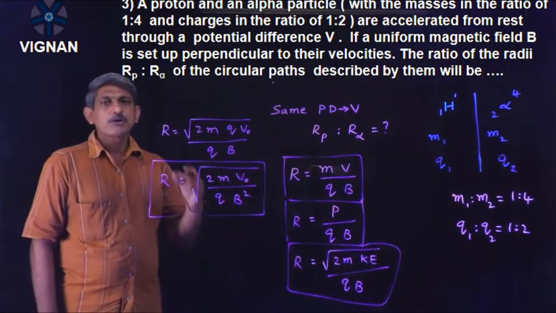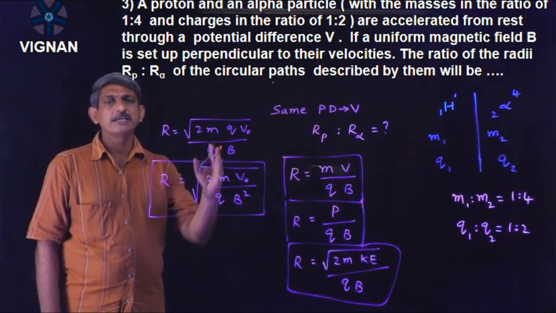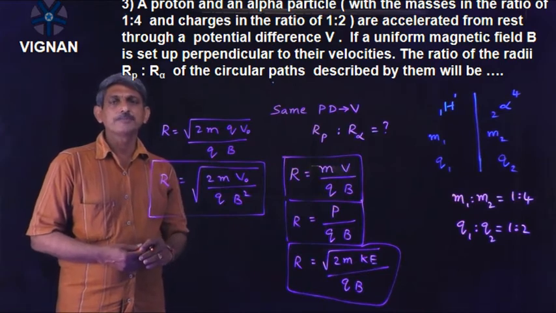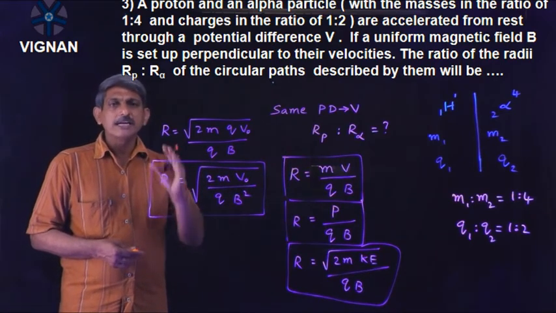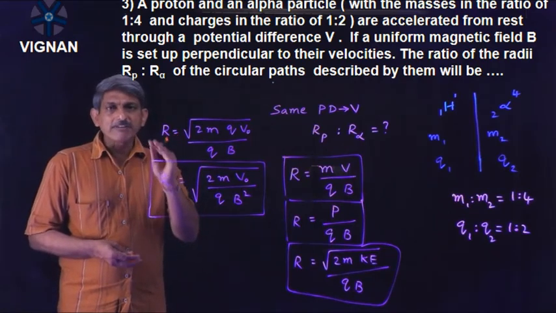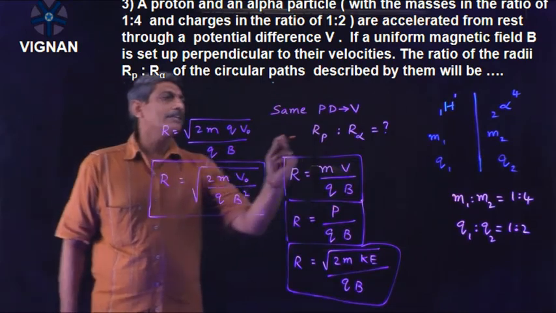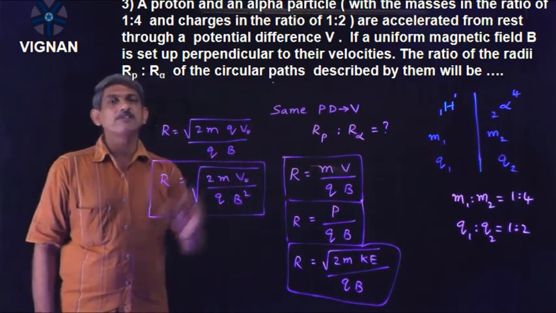Now a question arises: out of these four formulas, which formula should be selected to compare the radii ratio? In these four equations, different parameters are involved. Select the equation such that the physical quantity which is the same for both the particles is present in that equation.